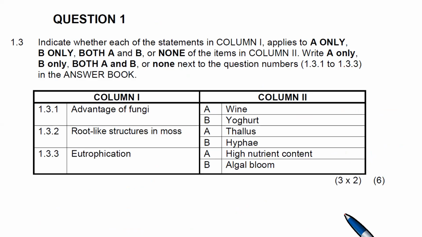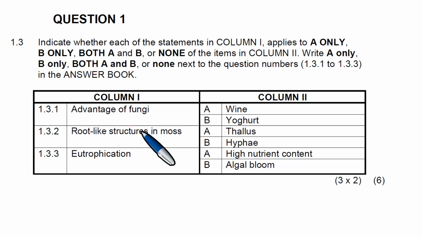You must be able to indicate whether each of the elements in column 1 applies to A only, B only, both A and B, or none of the items in column 2. Write A only, B only, both A and B, none. Next to the question numbers 1.3.1 to 1.3.3 in the answer book.